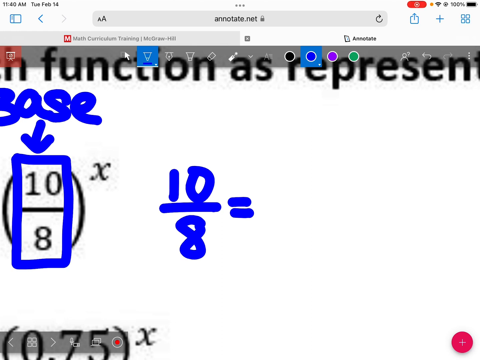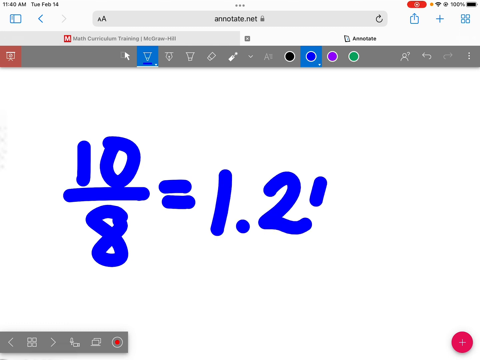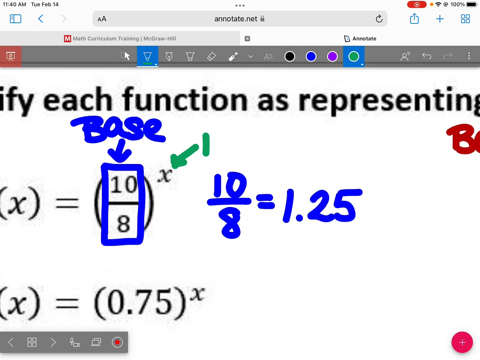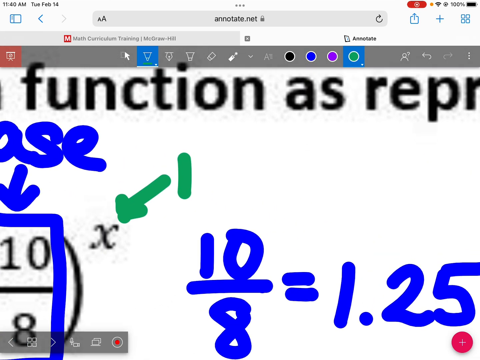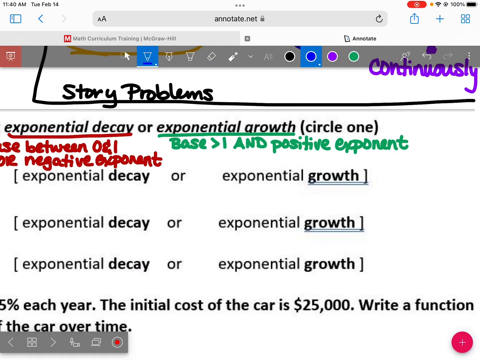What is 10 divided by 8? 1.25. Is the exponent positive or negative? Positive. So is this growth or is this decay? This is growth.